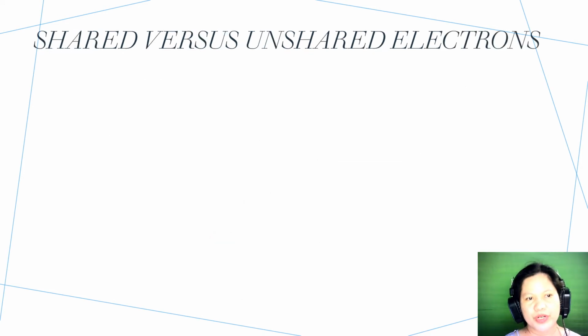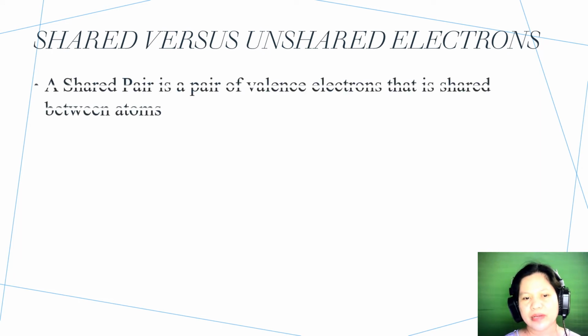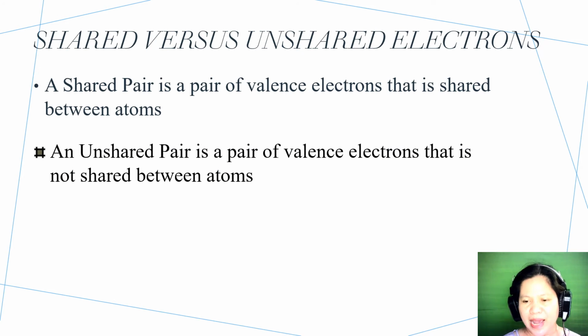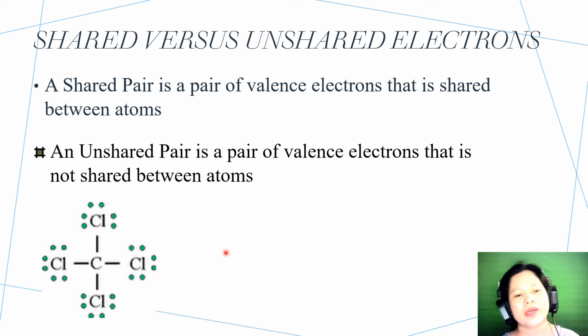Now what about shared versus unshared electrons? When I say shared electrons, these are the pairs of valence electrons that are being shared between atoms. When I say unshared, these are electrons or pairs of valence electrons that are not shared between any atoms. For example, carbon tetrachloride.